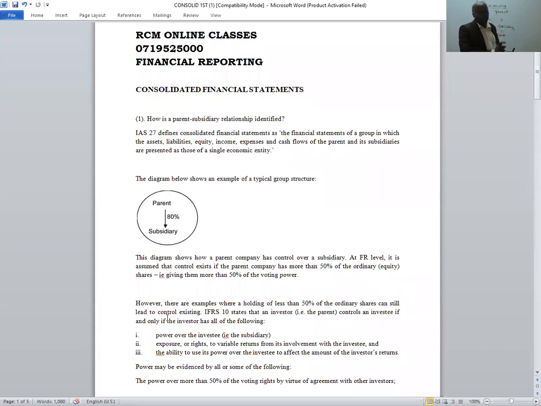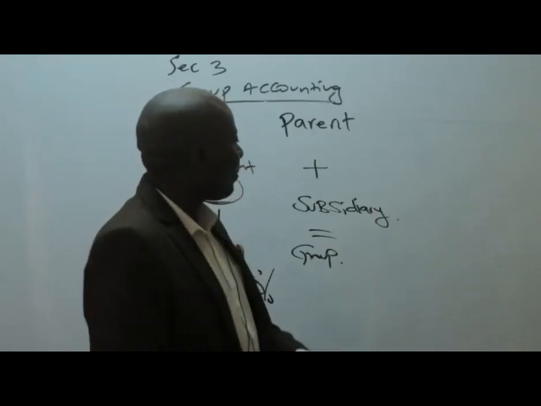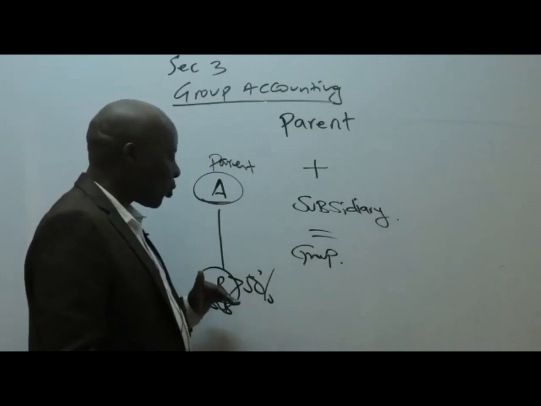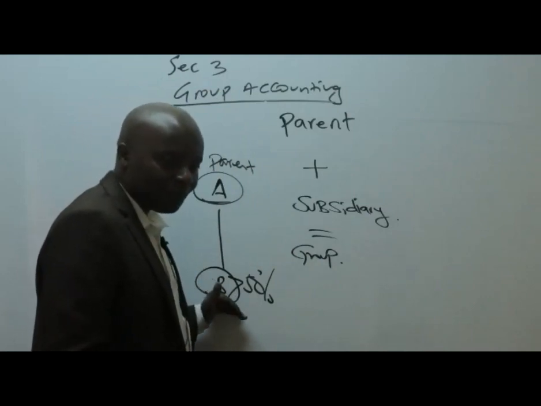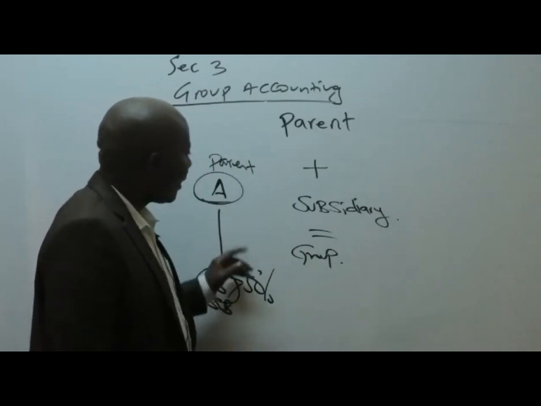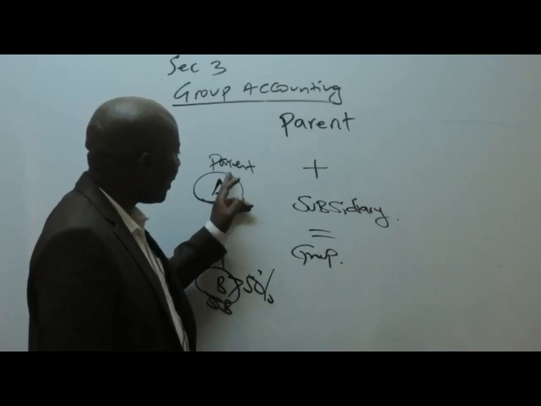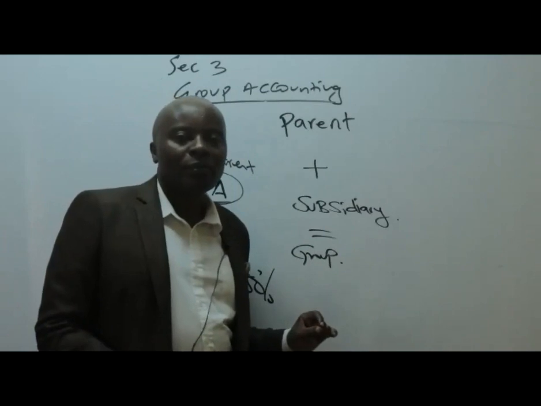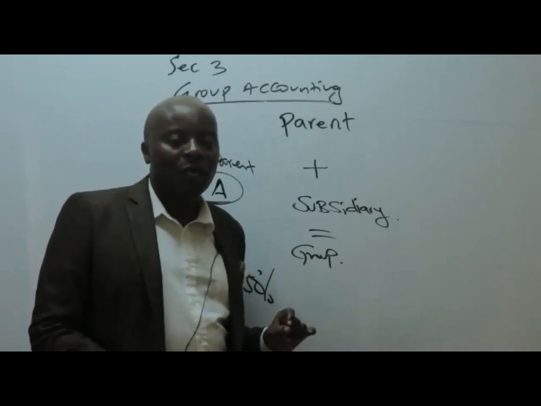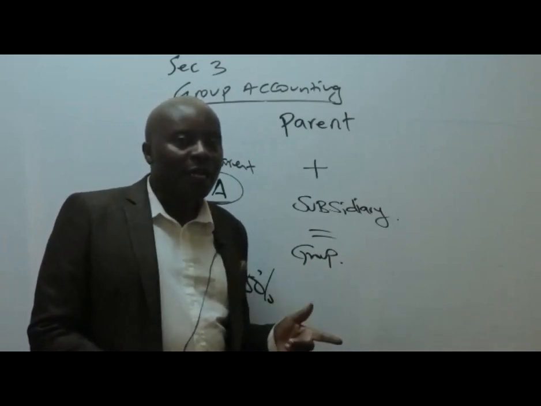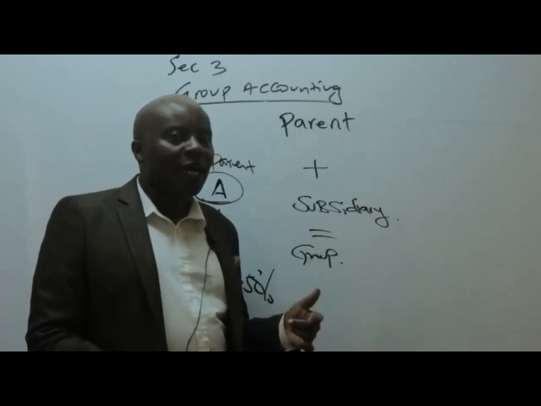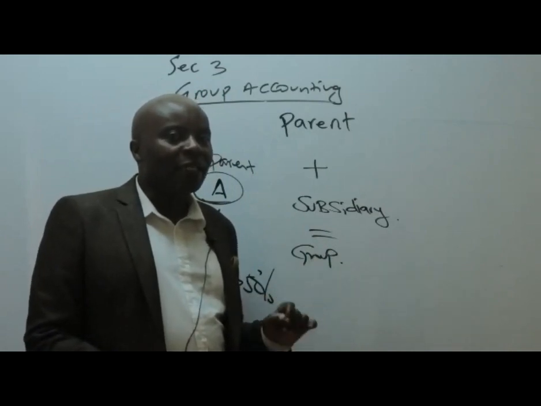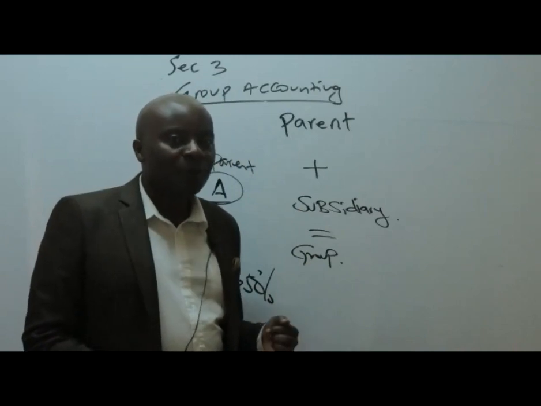Here I have to explain something small, ladies and gentlemen. The concept of the parent company being exposed to variable returns. Now listen. If, for example, company A gave company B a loan of $1 million shillings, at the end of the year company A will be getting a return from company B in the name of what? Interest.